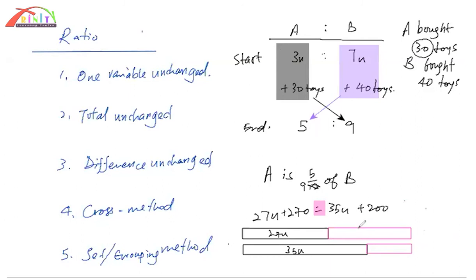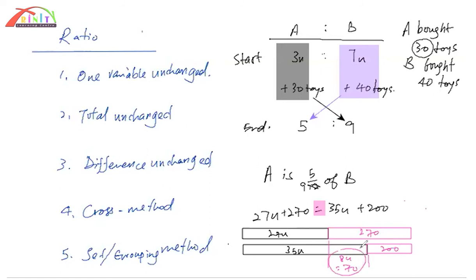This number will be 270. This number will be 200. So what you've got to do is take 35 minus 27, and then take 270 minus 200 to get the same portion here. So 35 minus 27 is 8 units. 270 minus 200 is equal to 70. And then you start from there.